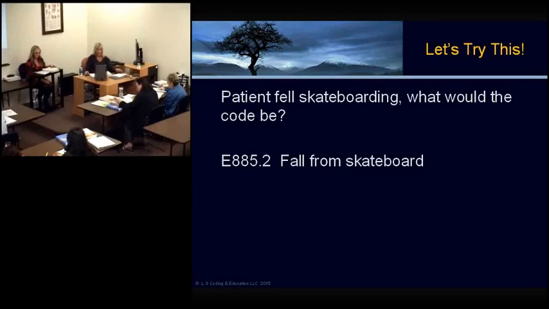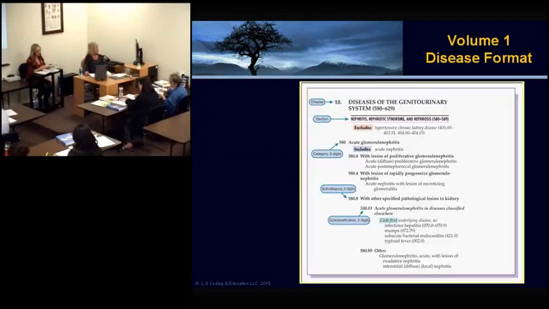All right, in volume 1, which is the tabular, the format, and they're using Chapter 10 as an example. Chapter 10, diseases of the genitourinary system, and it might be better to just look at your book. So it's going to start with code 580, page 830.